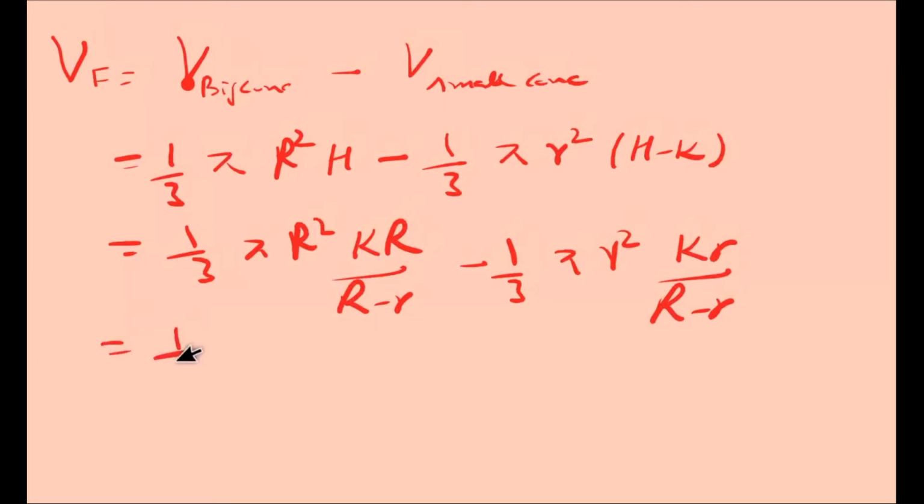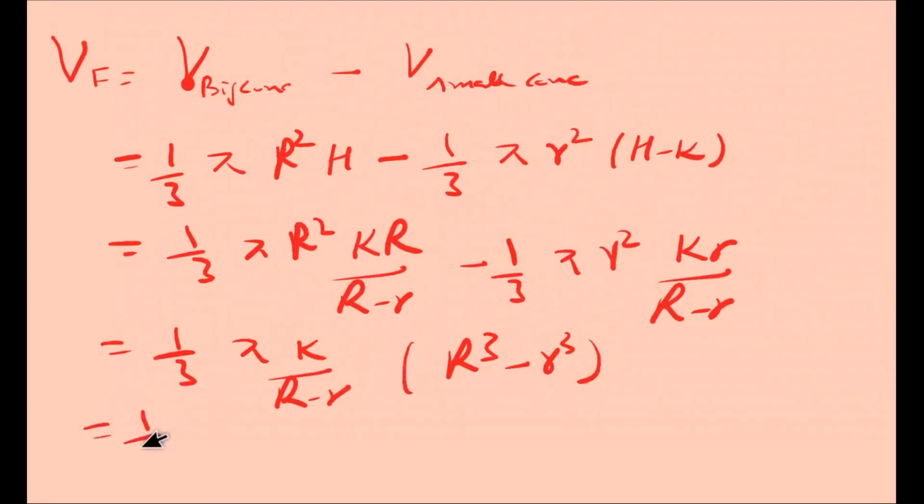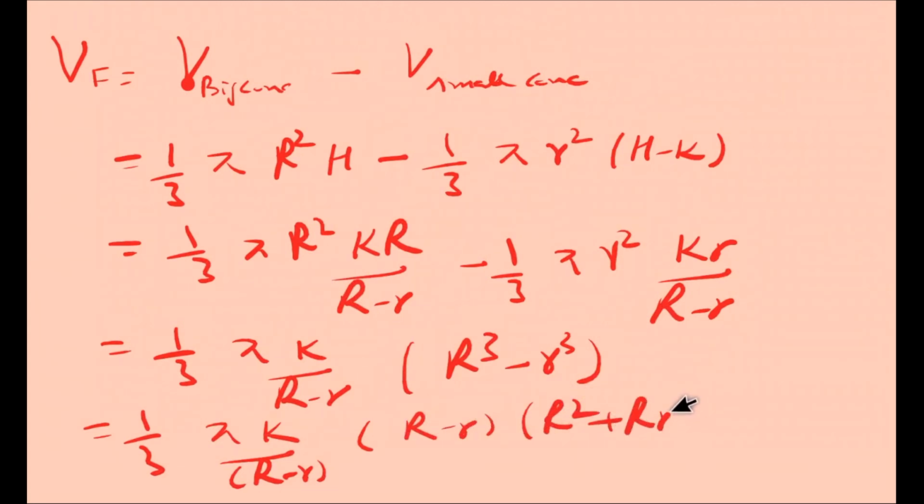Now taking the common 1 by 3 pi k upon R minus r, that is R cube minus r cube. Now using this formula we can find the volume, and we can simplify this formula by factorizing it: R minus r times R square plus Rr plus r square. You know this formula, a cube minus b cube equals a minus b times a square plus ab plus b square. If you don't know the formula of factors, go through my videos on factors in the playlist.